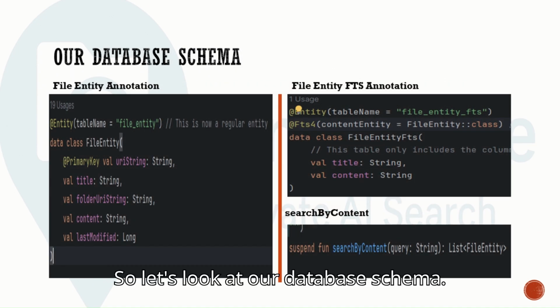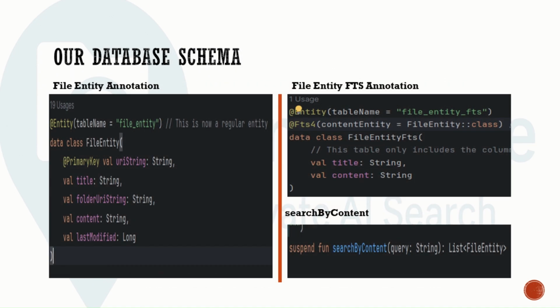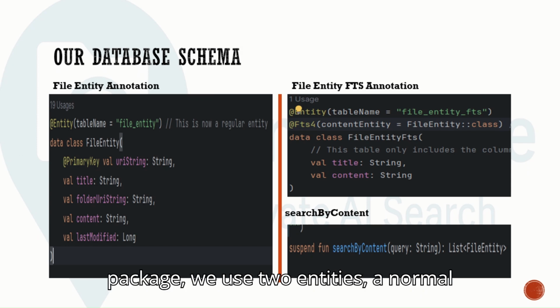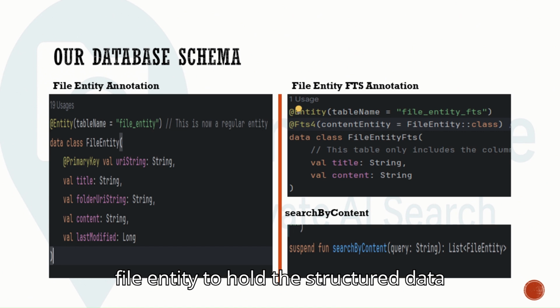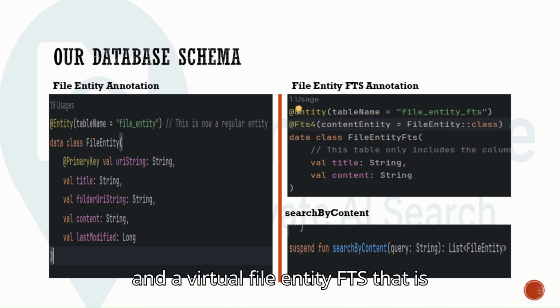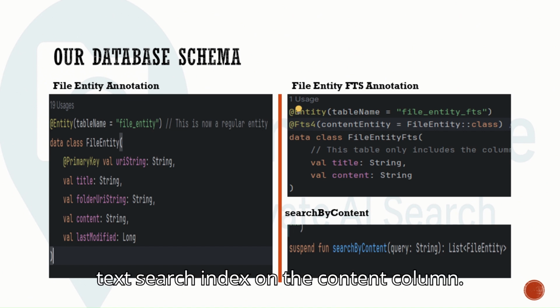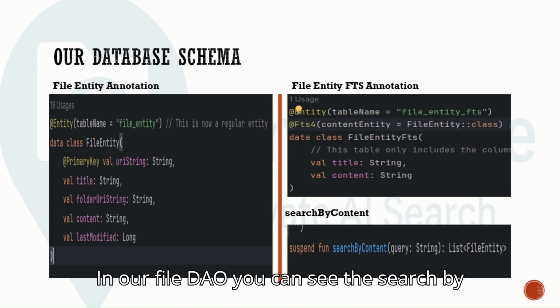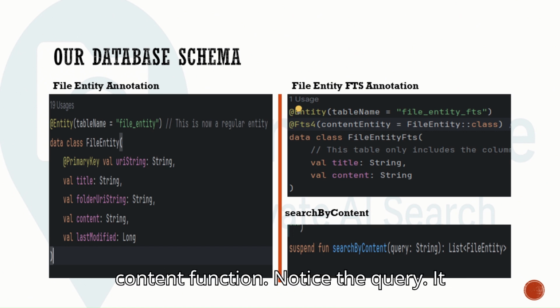So let's look at our database schema. In our actual implementation in the DB package, we use two entities: a normal file entity to hold the structured data, and a virtual file entity FTS that is linked to it and provides the full text search index on the content column. In our file DAO, you can see the search by content function.